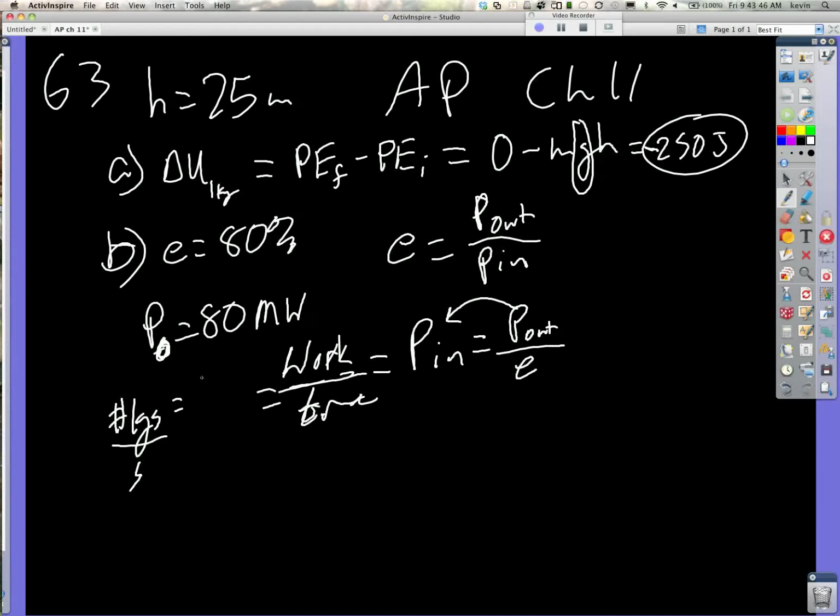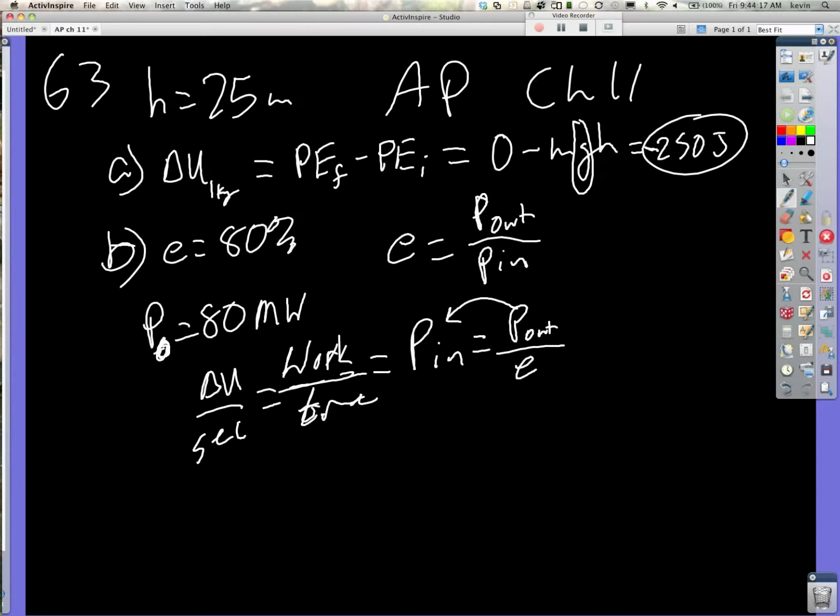So if I want to do this like a giant thing like this, I would go, we want the number of kilograms, and we have the power out. So I would say the power out, so the power out's in watts, so this will be the power, no, that doesn't work, power in, and efficiency, no, that doesn't work.